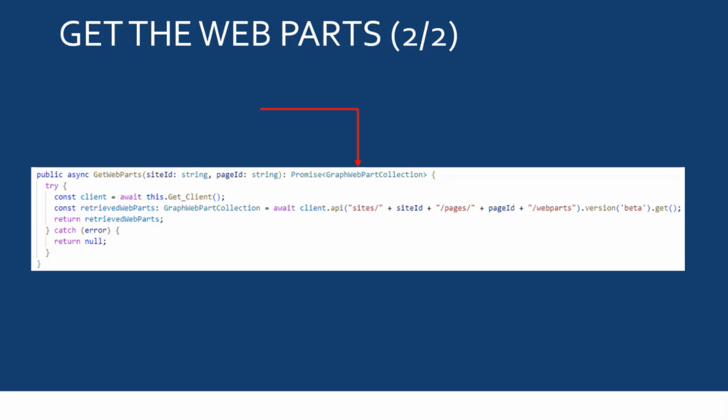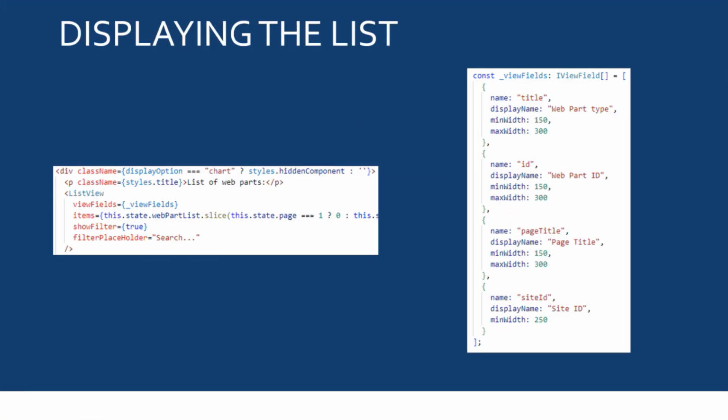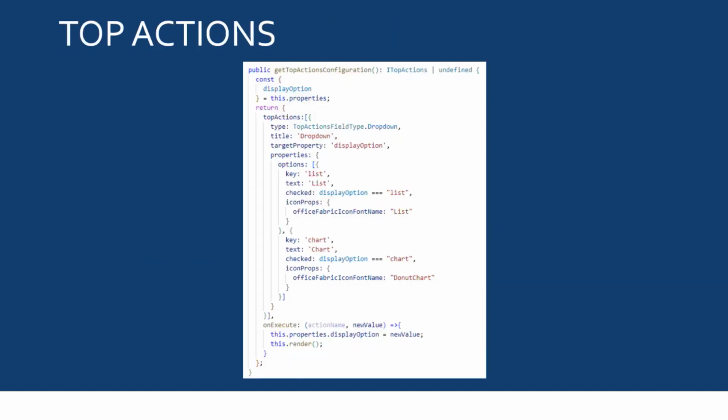Once I have all the web parts, I can display them using first the list view control, which is really easy to use. Now, if I want to hide my list view control to display the chart view, I'm going to use top actions.